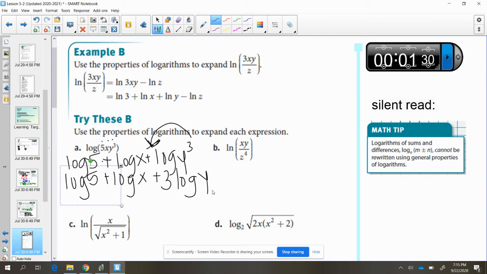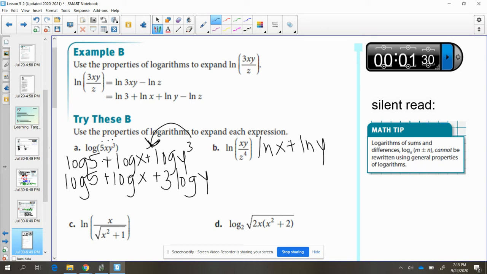Another example would be letter B. Notice we are going to break this up, starting with the numerator first. So ln of x and then ln of y, and since they were being multiplied, we're going to make those addition.